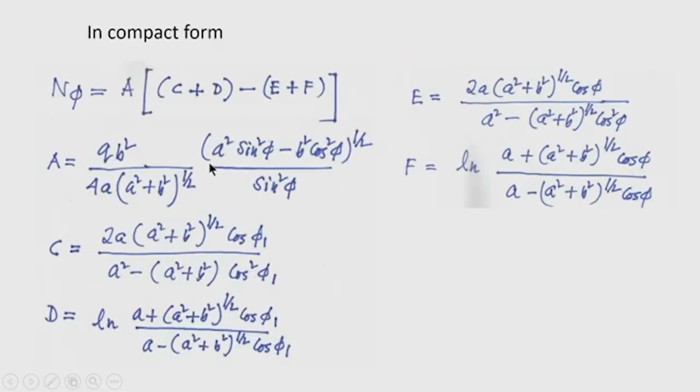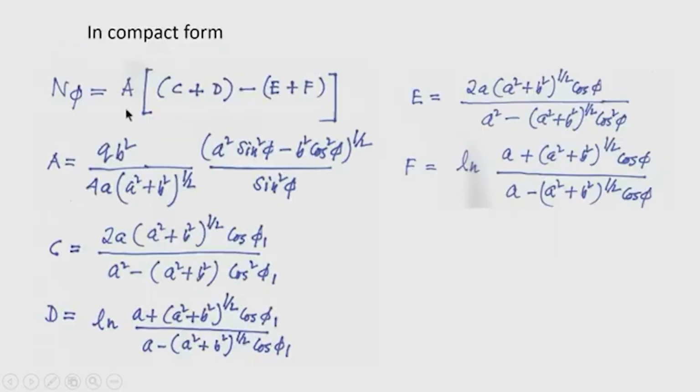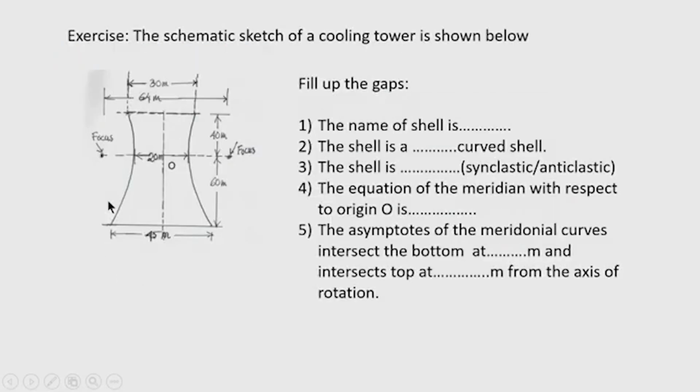So, in the equation here p r will be minus q into cos phi, and the other quantity n phi that we have obtained just now, we have to substitute it. R 1 is obtained earlier, R 2 is obtained earlier. So, n theta is obtained as R 2 into (p r plus n phi by R 1). So, n theta and n phi both are obtained now, and we can design the shell or we can analyze the shell.